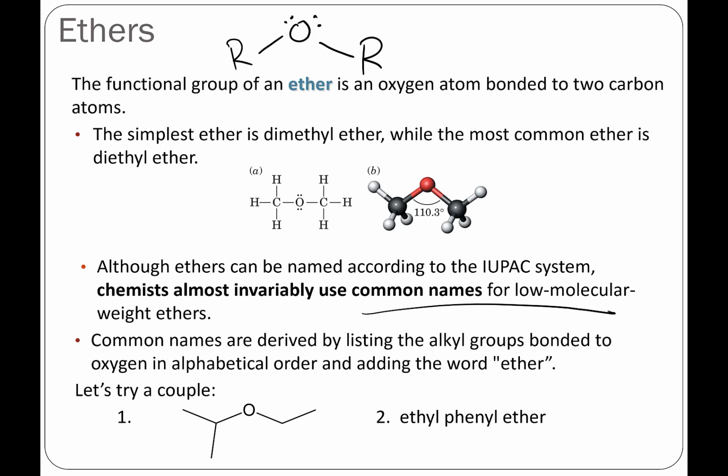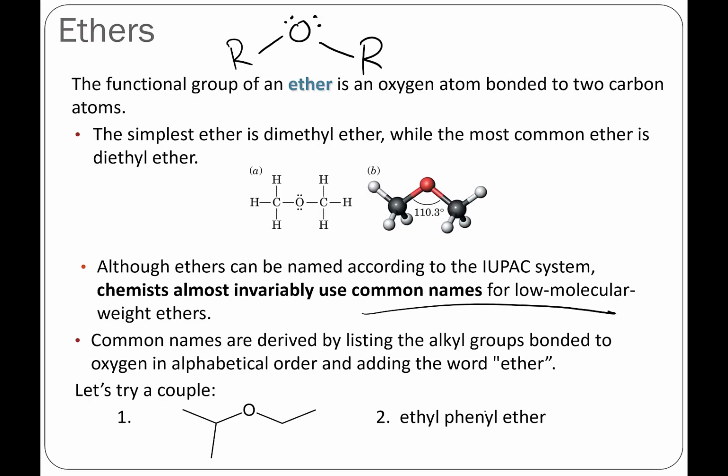And you'll see why. All we have to do is figure out the names of the R's, the alkyl groups attached to oxygen, alphabetize them, and throw the word ether on the end. So really a lot simpler than a lot of other functional groups that we've encountered thus far.